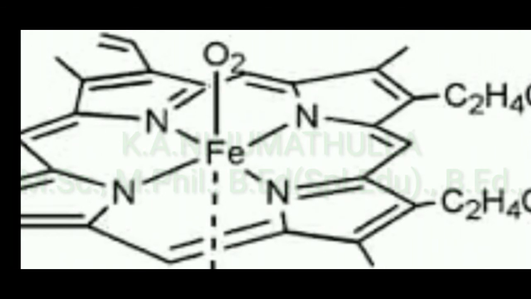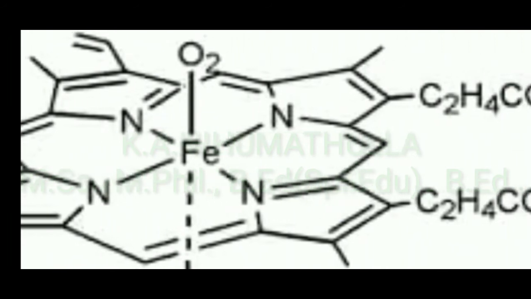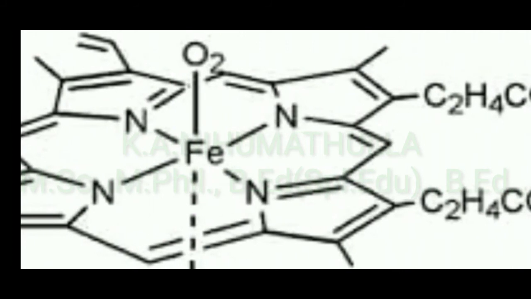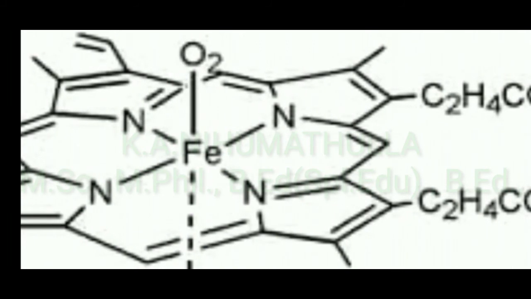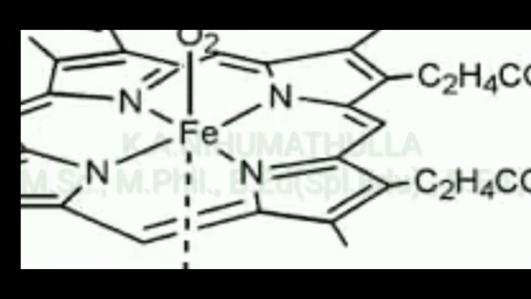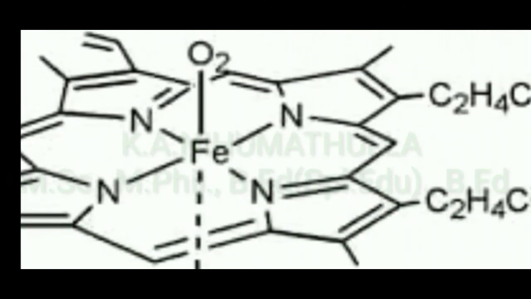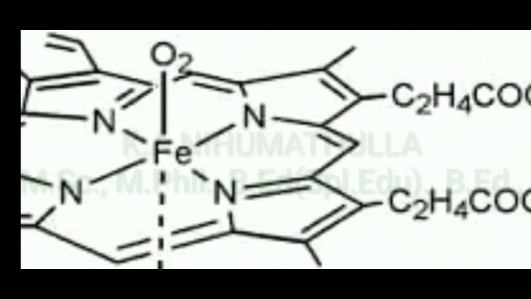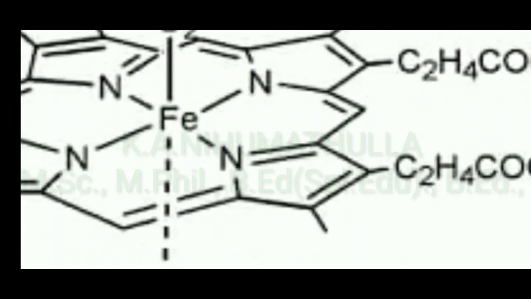Whenever it carries oxygen to different tissues, its color is red. When it returns to the lungs, it collects carbon dioxide, and the color of the blood, the Fe2+ heme group, turns purple. So Fe carrying oxygen is red; Fe2+ carrying carbon dioxide becomes purple.